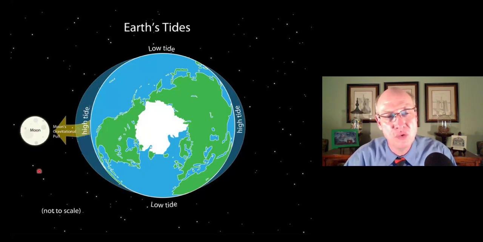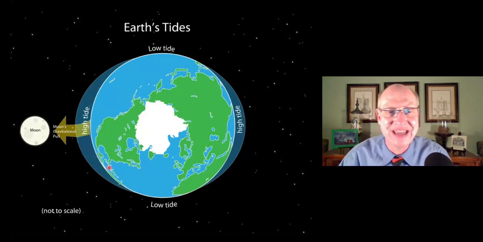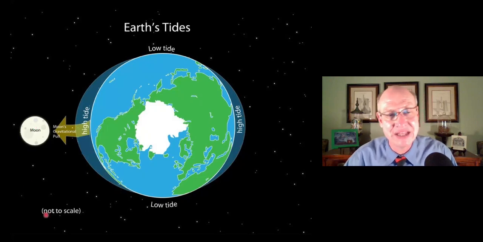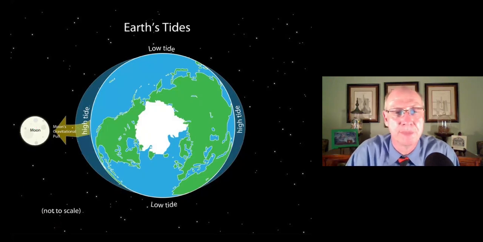In fact, the moon moves about 50 minutes or so a day. And so the high tides that we experience today, we will get this high tide. Tomorrow, that same high tide will occur on average about 50 minutes later, and the day after about 50 minutes after that, and the day after about 50 minutes after that. And that's because the moon is orbiting around the Earth.